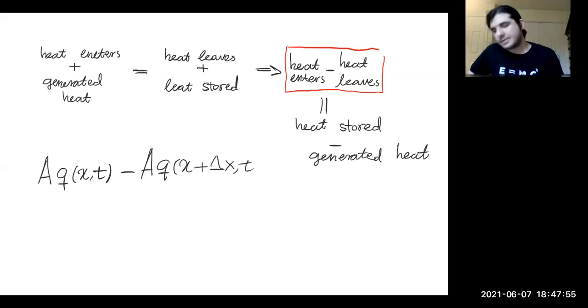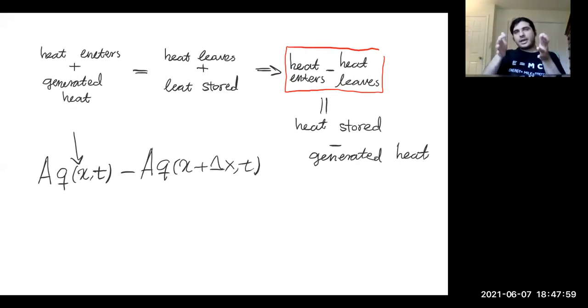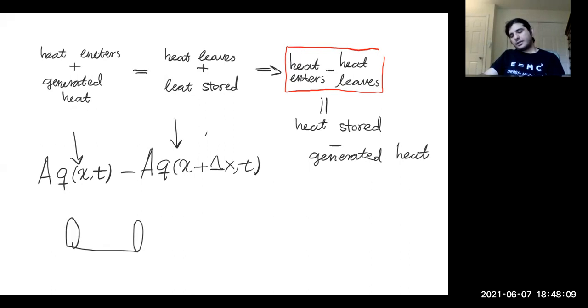Well, if this one is positive, it means we are gaining it. If it's negative, it means we are losing it. If the other one is positive, it means we are losing it, because in our figure it's related to this one. So if this one is positive, it means heat is going outside. So we should consider that with a negative sign. It's like losing heat.